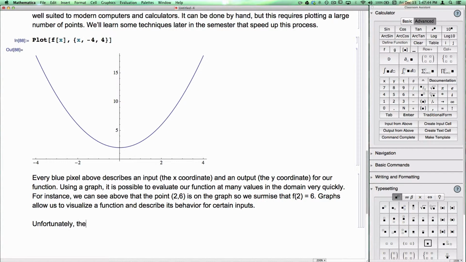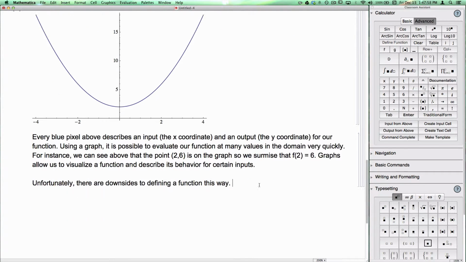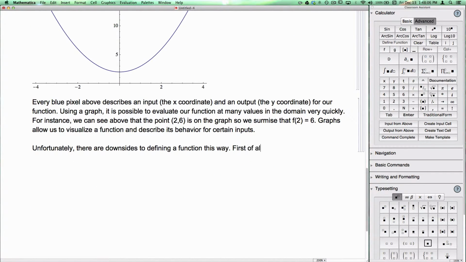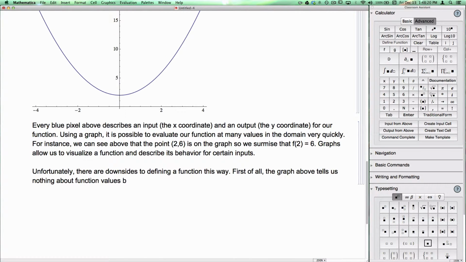Unfortunately, there are downsides to defining a function this way. First of all, the graph above tells us nothing about the function values for inputs outside of the interval from -4 to 4. Secondly, reading the graph can involve a little bit of guesswork.